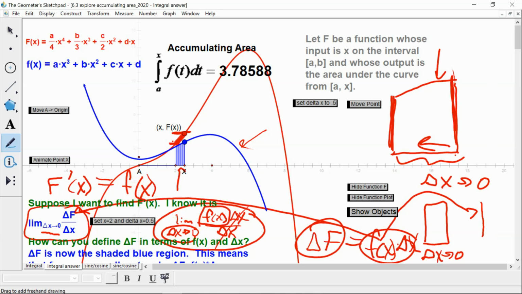So notice the red function is an antiderivative of the blue. It's not the antiderivative. I can't say that because of the plus c, right? There's a whole family of functions that are antiderivatives. Notice that in this case, if you look at my equation up here, the c would be 0 for this one, that we're going through the origin.